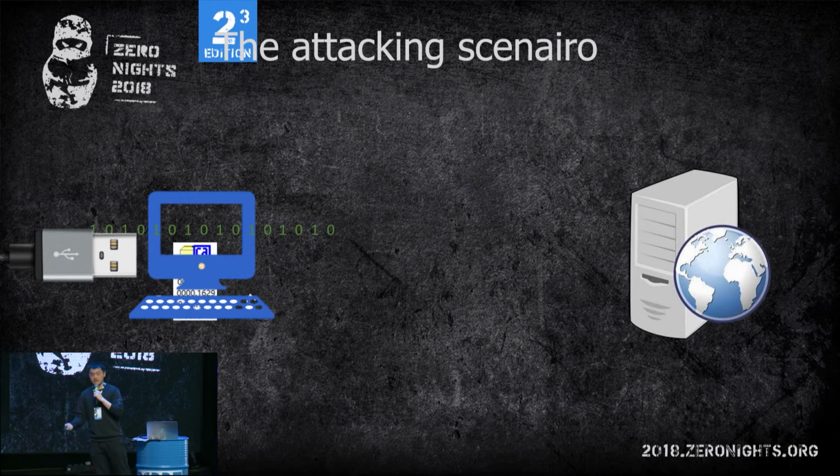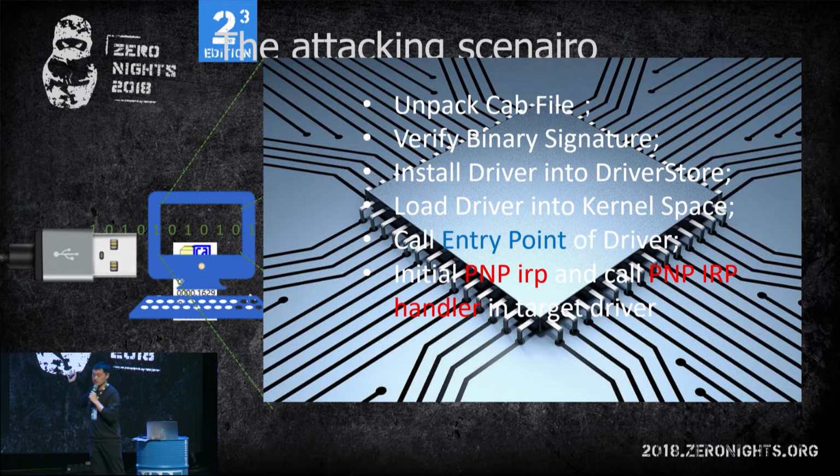After the PC gets these drivers, it will unpack the driver file, the cat file, verify the signature of each binary, install the drivers into the driver store, load the driver into kernel mode, call the entry point of the driver, initialize some IRP messages inside the kernel mode, and call the corresponding IRP handler to process them.